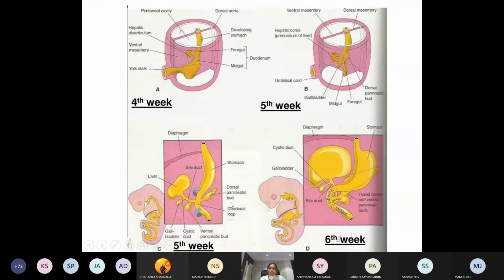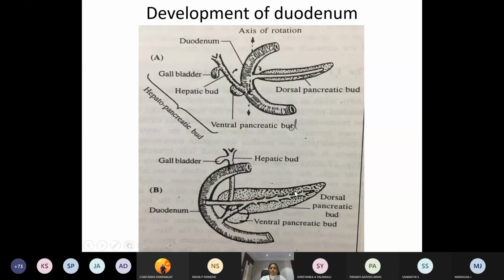When the large intestinal coils are pushed inside the umbilical ring, they will push the duodenum towards the right. It moves towards the right, and then see this.